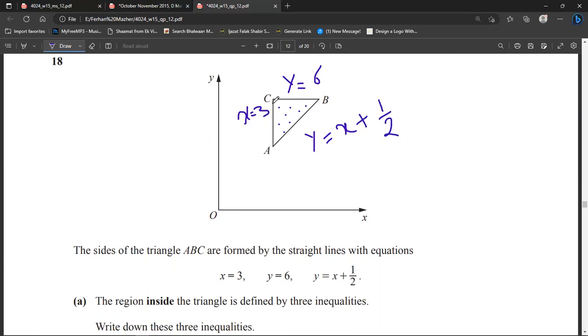For this vertical line, the area is on the right side, so x is greater than or equal to 3. For the BC line, the required area is below this line, so y is less than or equal to 6. For the AB line, the required area is above this line, so y is greater than or equal to x plus 1 by 2. So this is how you will write this.